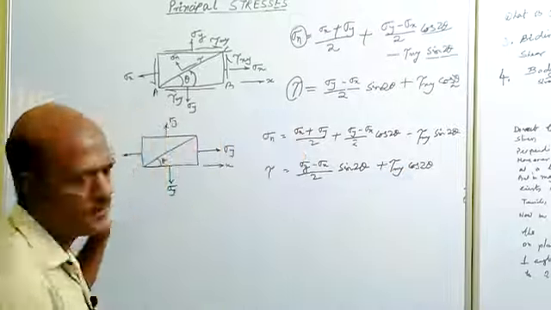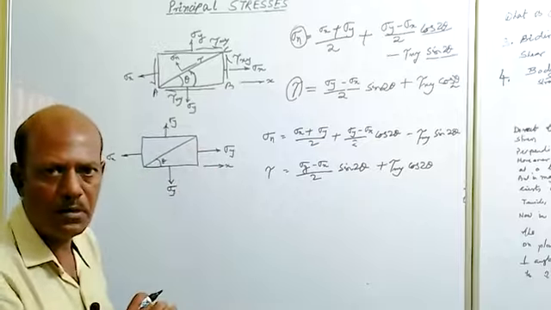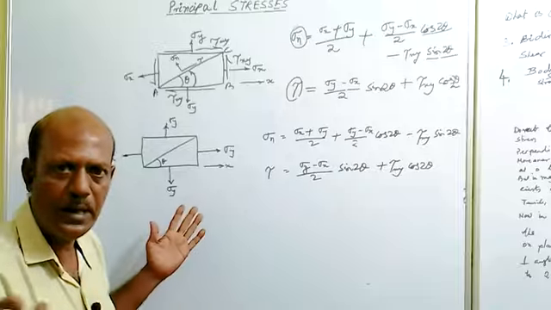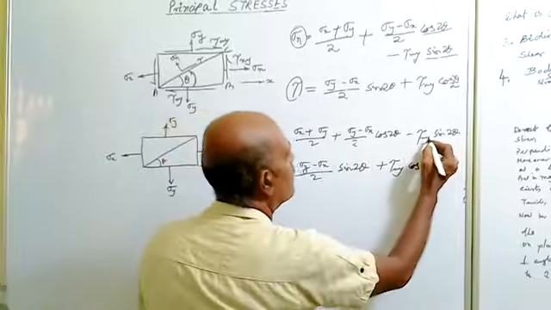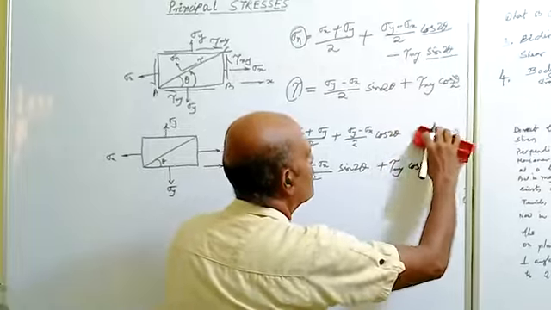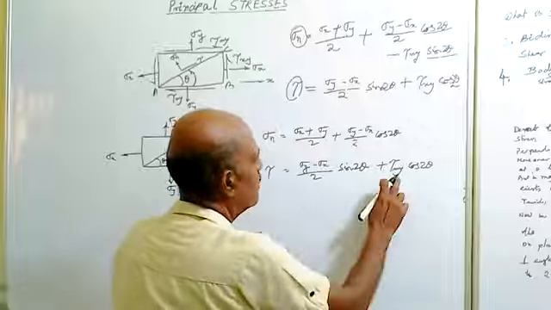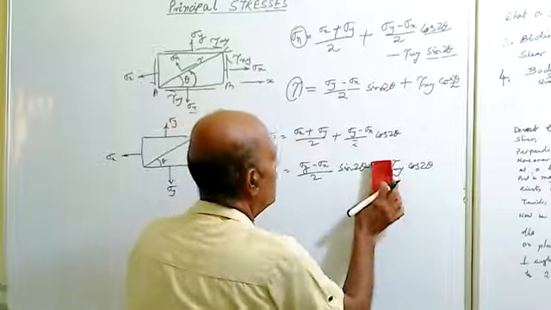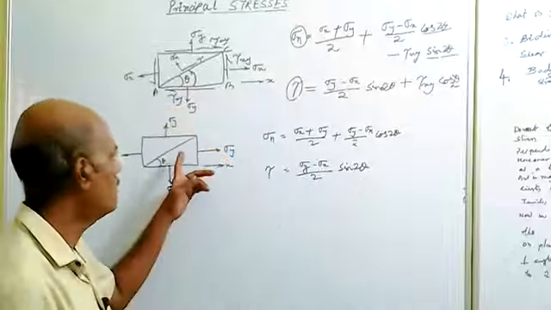Now in this case, tau is not there on the x plane as well as on the y plane, so the tau value is 0. Once the tau value is 0, we can put it in, so this term will vanish. Similarly, in tau, the tau xy cos 2 theta term also will vanish. So this will be the formula for this case.